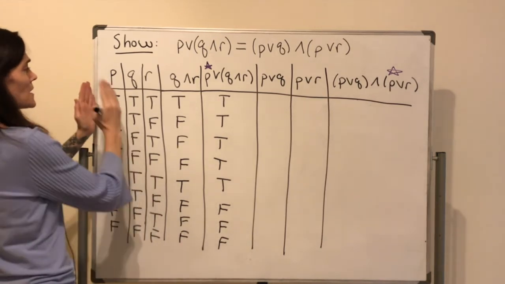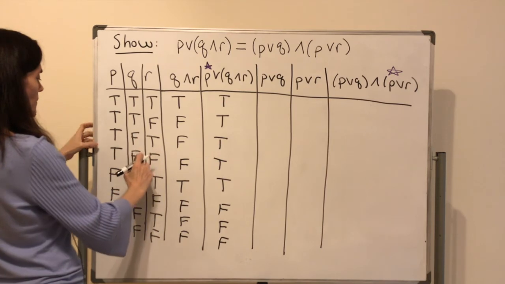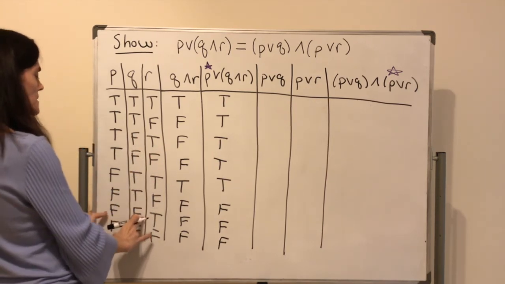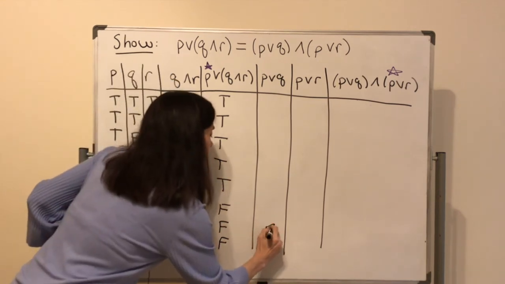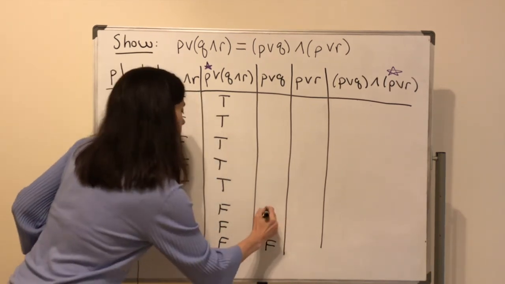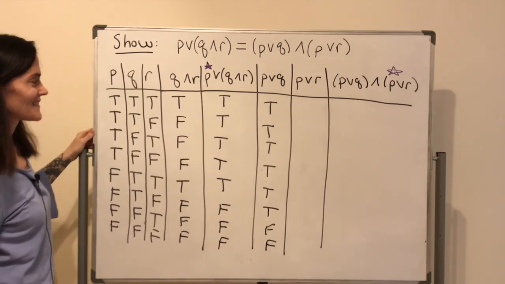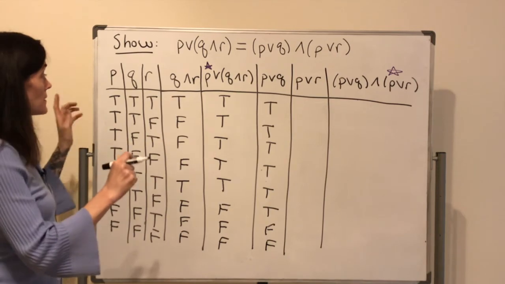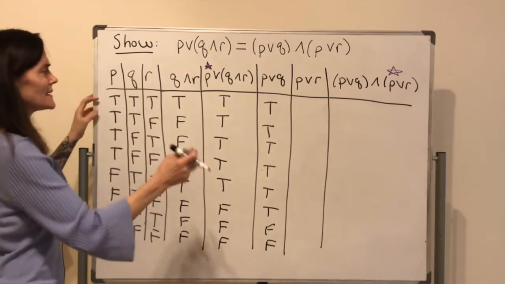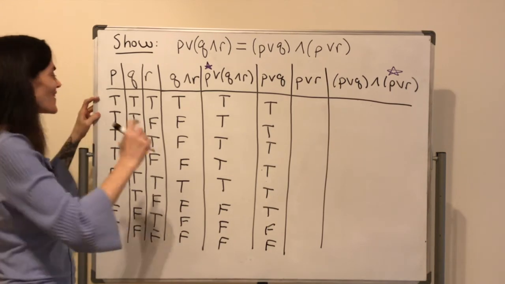Well, we have P or Q. So this is false only when they're both false, which we see is the bottom 2 rows. False, false, and then now we have P or R. And again, this one will be only false when both P and R are false.